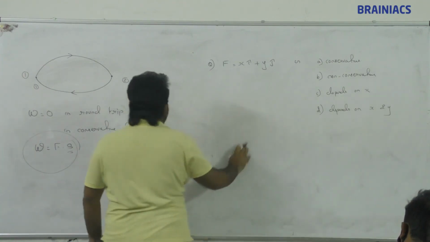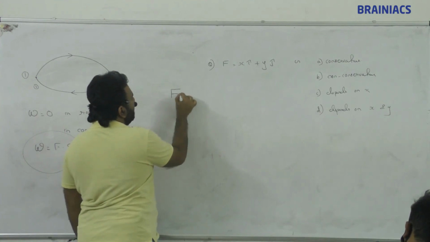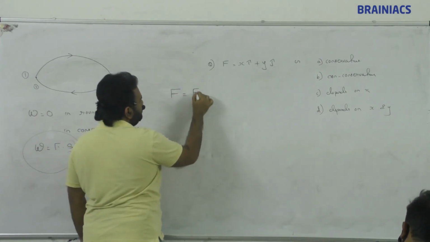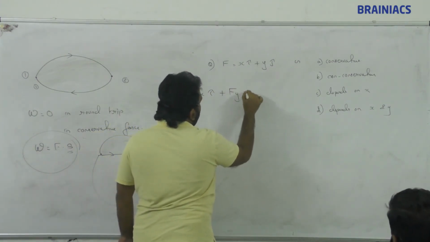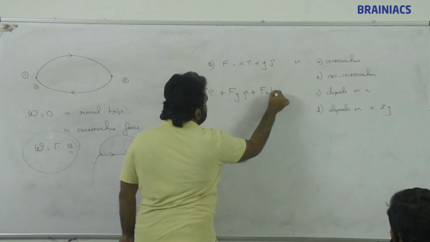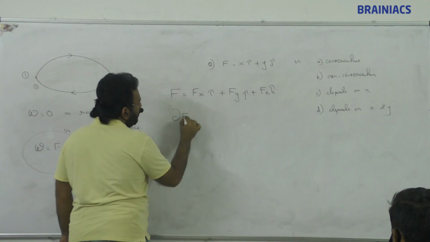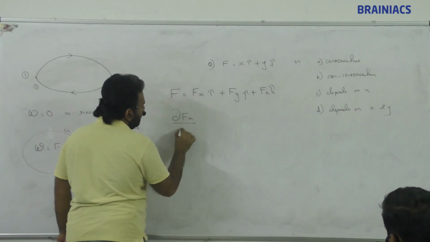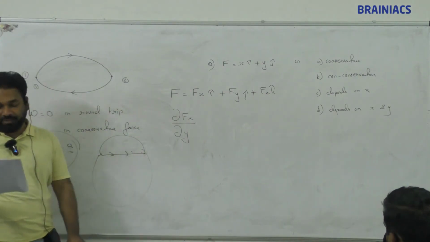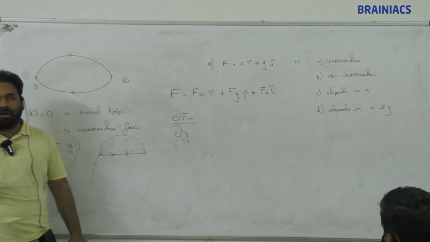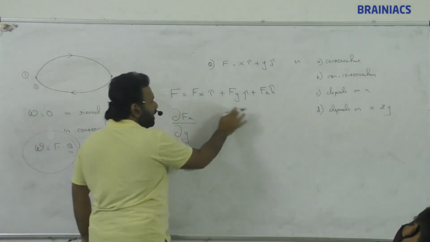Okay. So in this kind of way, if they ask, suppose we get F is equal to Fx i plus Fy j plus Fz k. Suppose we do dou Fx by dou y, differentiating that x part with respect to y, and take each one.